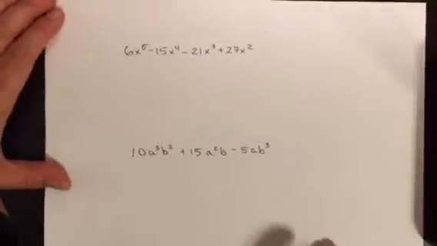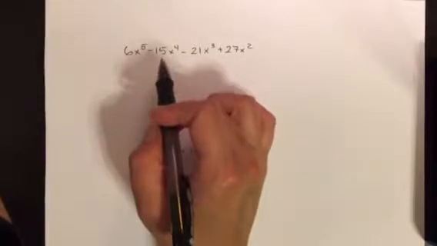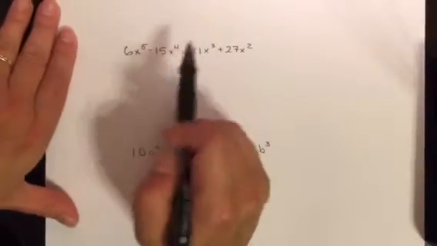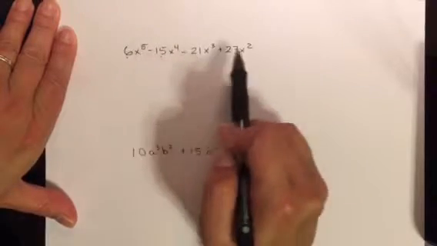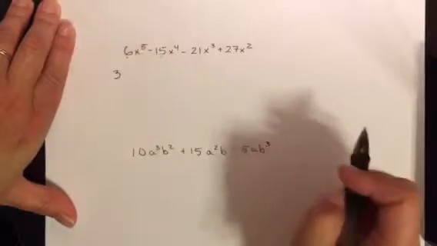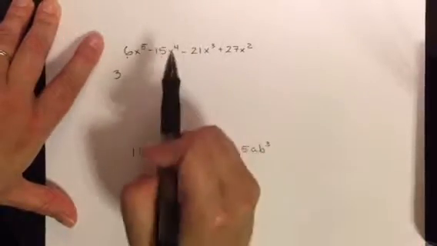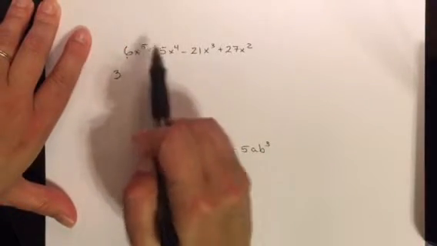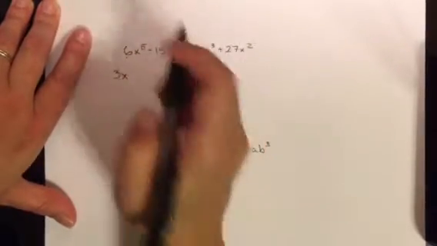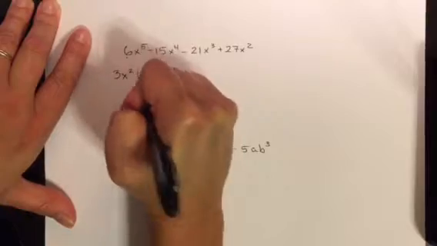Now for a little bit more difficult problem. I'm going to look at this problem up here at the top, and again, looking for my greatest common factor. So 6, 15, 21, 27. All of these are divisible by 3. So I'm going to pull a 3 out, and then I've got x to the 5th, 4th, 3rd, 2nd. So all of them can have an x squared taken out.